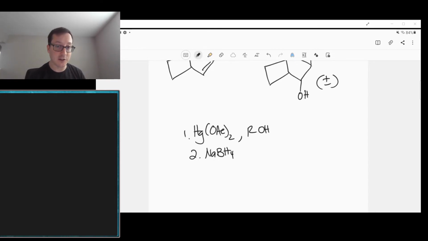That's a syn addition of hydrogen and an alcohol, or if not an alcohol, then an alkoxy group, so an ether. So lots of things to do here. Don't get stuck on that either. Just be aware that multiple variations of these reactions can exist as well.